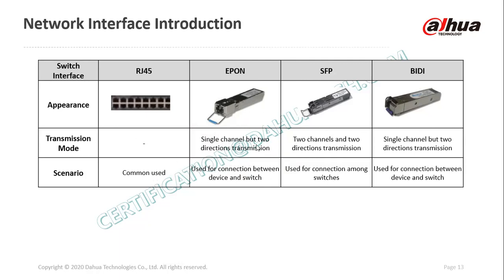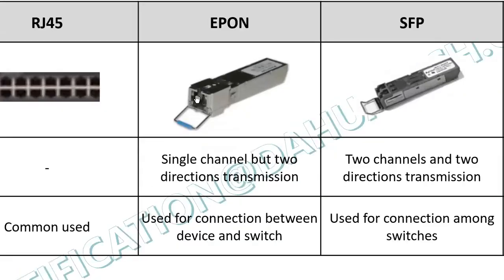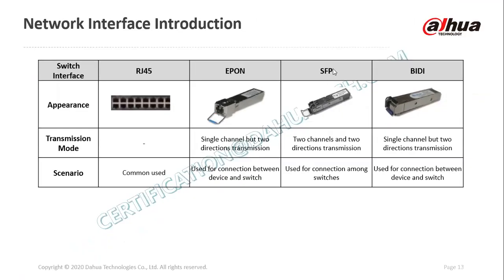This EPON is used for connections between a device and a switch. If I'm not wrong, it provides an interface from RJ45 to fiber. This one is an SFP used to connect among switches. You see the interface here is fiber connects here, while here RJ45 connects. This one is just a connection between a device and a switch.